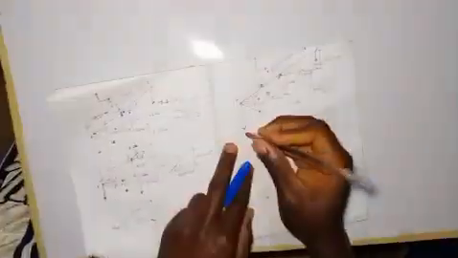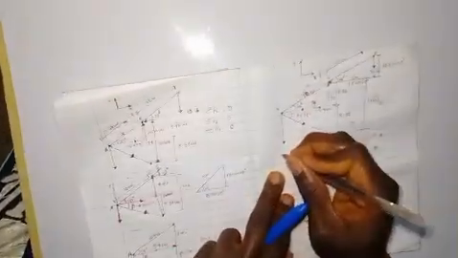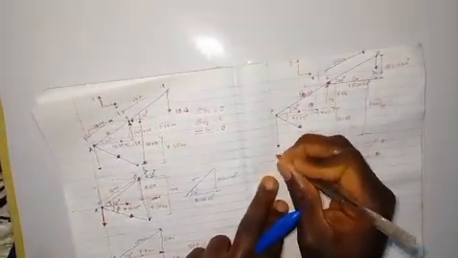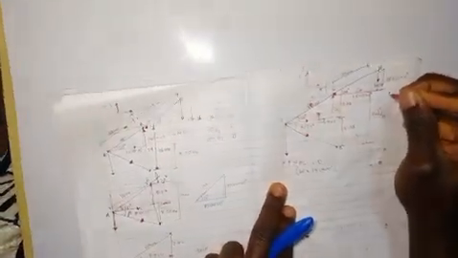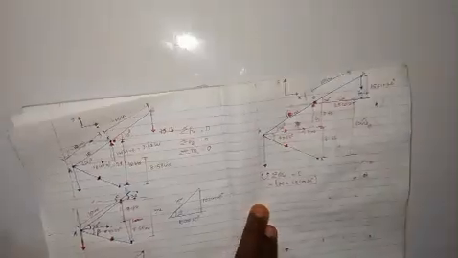Let's take the counterclockwise direction as positive. This is in the clockwise direction, so we'll have a negative answer here: minus 75 times 15 cos 20.